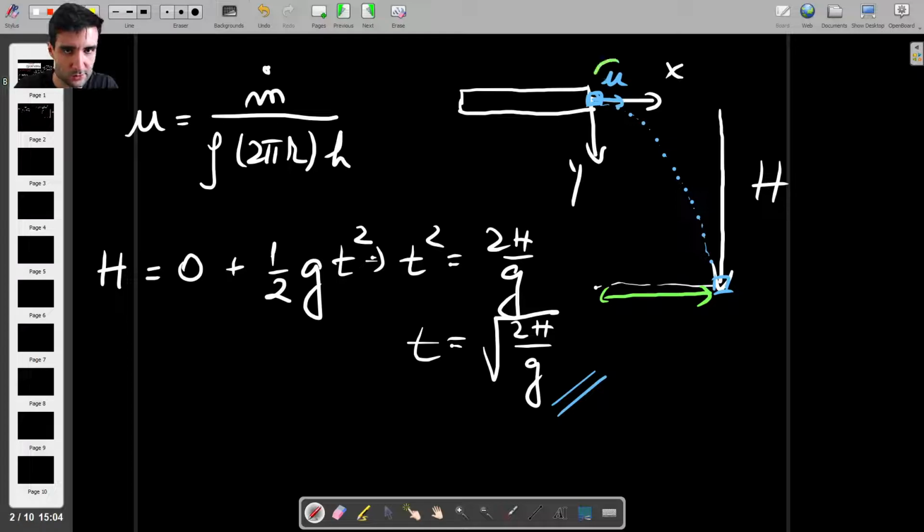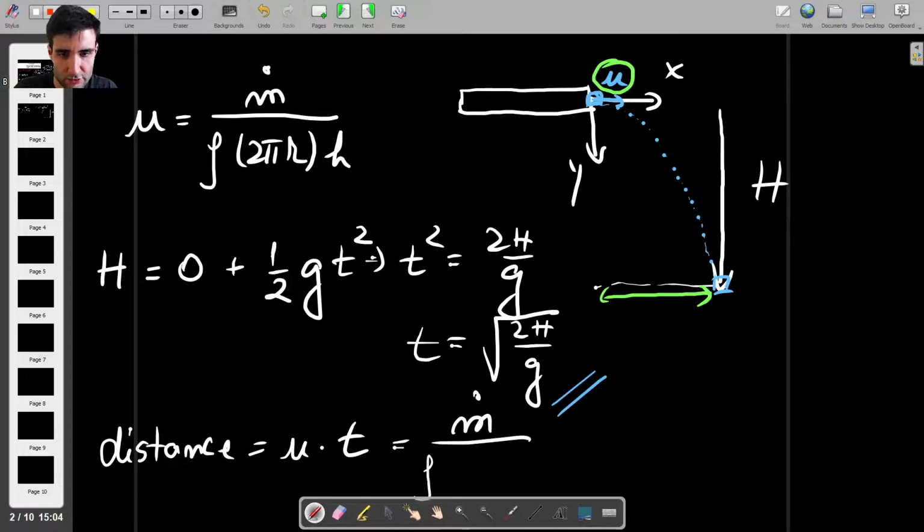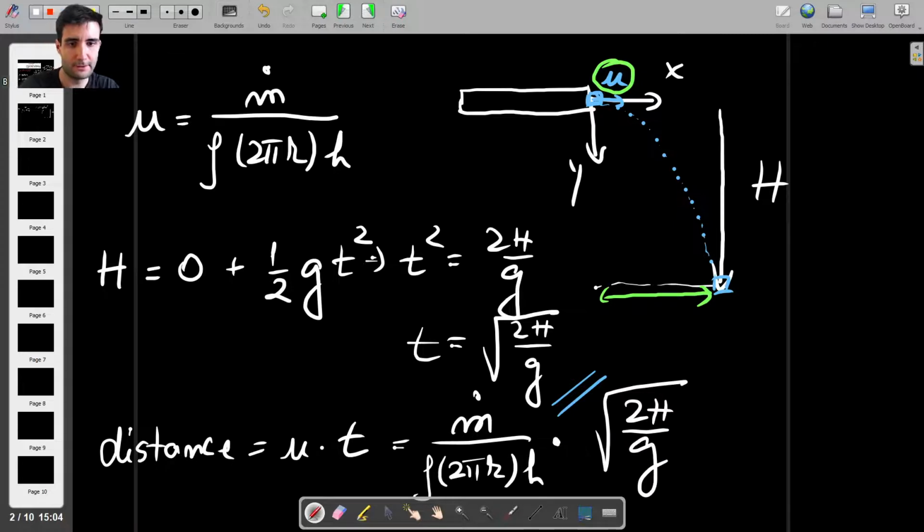And we know that the horizontal speed is u, so the distance is going to be equal to the velocity u times the time, which is m dot divided by rho, and then we have 2 pi r h multiplied by the square root of 2h over g. Okay? Note that the capital H and the lowercase h are different things, right? This one is the height of that cylinder, and h is the depth where I'm measuring the radius. Okay, and that's pretty much it.